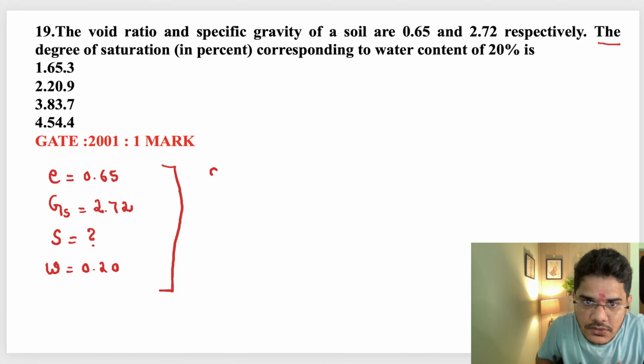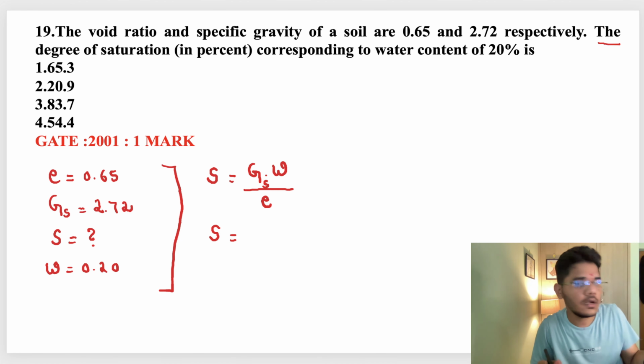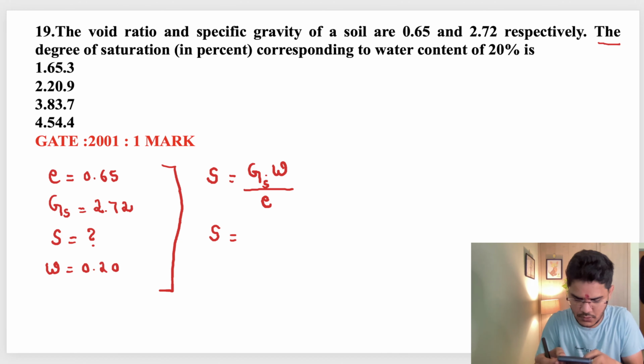So degree of saturation S is equal to Gs into water content divided by the void ratio. So S is equal to 2.72 into 0.20 divided by void ratio 0.65.